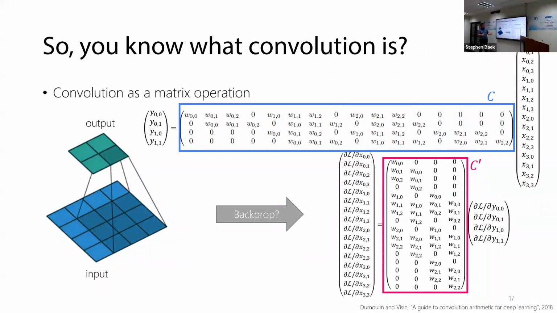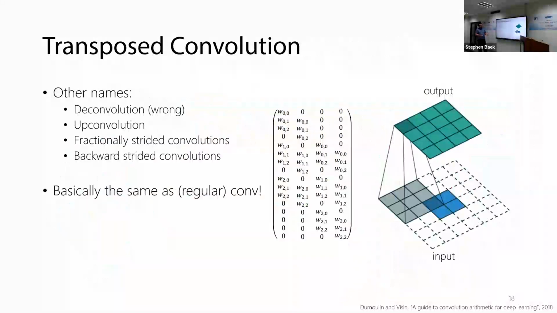Same thing after the transpose, we have the input, because in the backpropagation we go from the 2 by 2 to 4 by 4. So 2 by 2 is the input, and on that input, we just multiply this guy, which is simply a transpose. So this is nothing but the usual multiplication of the convolution weights, but in a transposed manner. So the idea of transposed convolution is essentially that, and the operation itself is like the usual convolution. So it's still very efficient.